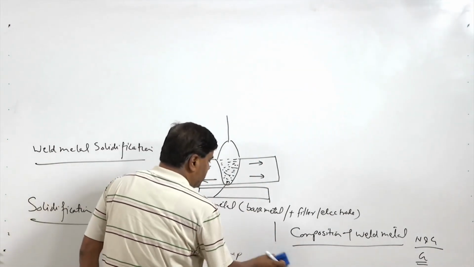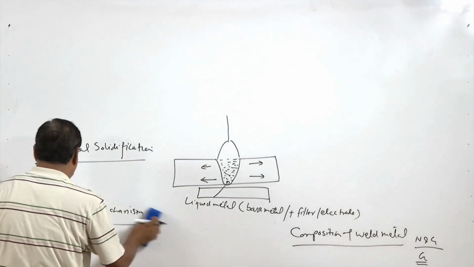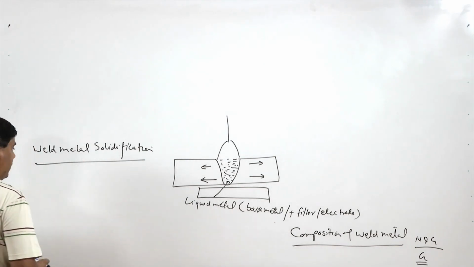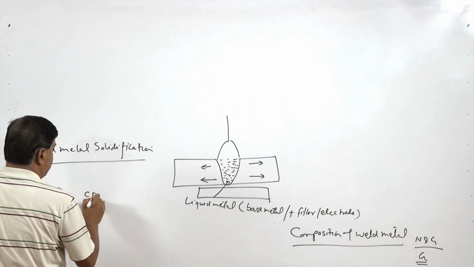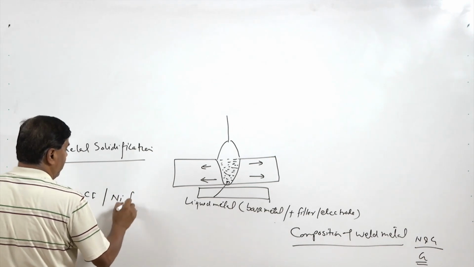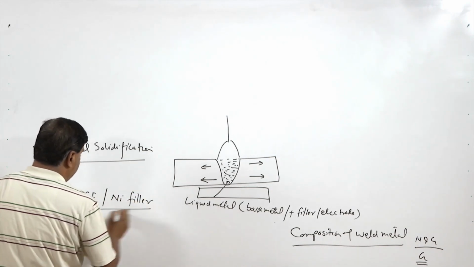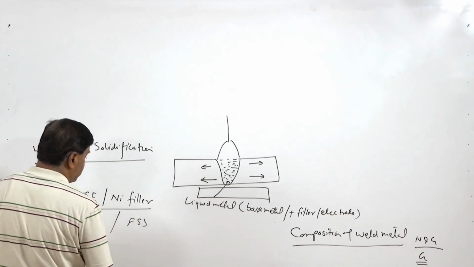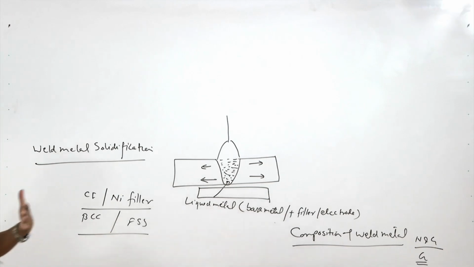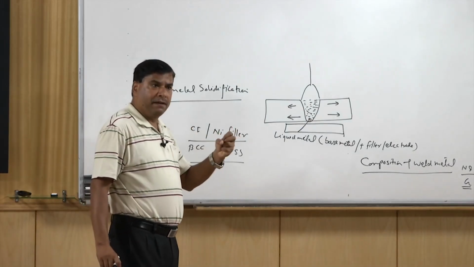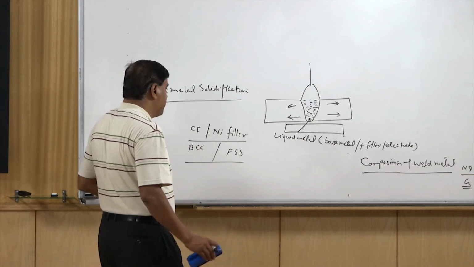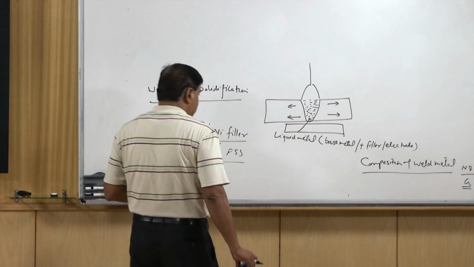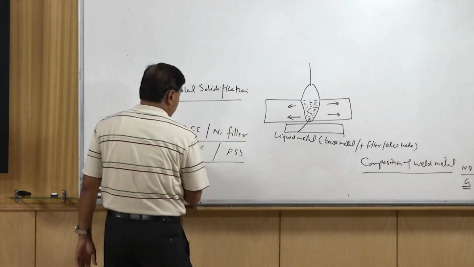When the weld metal composition is completely different from the base metal, like when cast iron is welded using nickel filler, on one side we have the BCC crystal structure and on the other side the FCC crystal structure. So, when the weld metal is completely different from the base metal, then the nucleation and growth mechanism is involved for completion of the solidification.